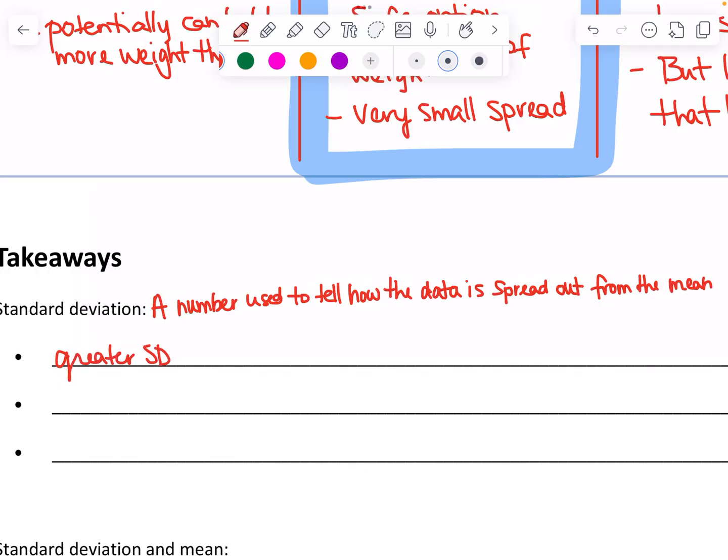The data is very spread out from the mean. Let's see if we have a smaller standard deviation, then it tells us the data is clustered around the mean.